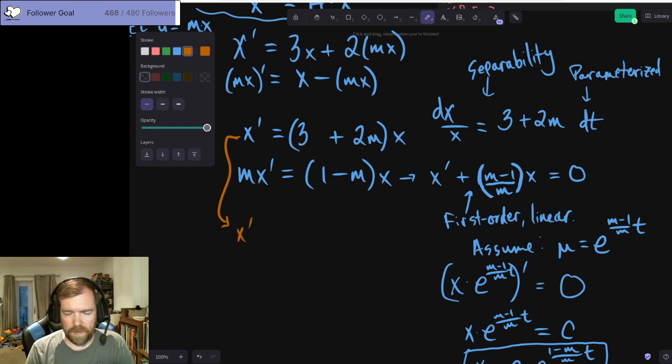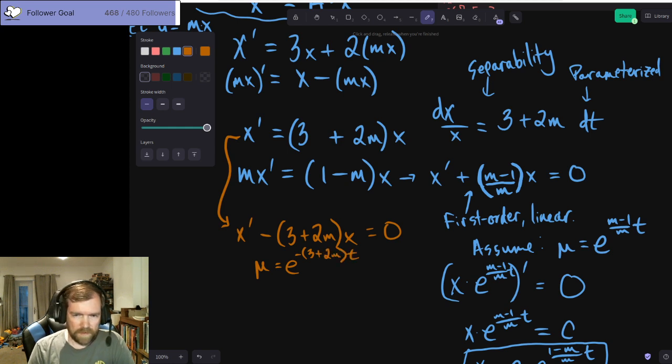Right, x prime minus 3 plus 2m x equals 0. So then mu, in this particular case, is going to be equal to e to the negative, parentheses, 3 plus 2m t. And so we get x e to the negative, parentheses, 3 plus 2m t, all prime equals 0.